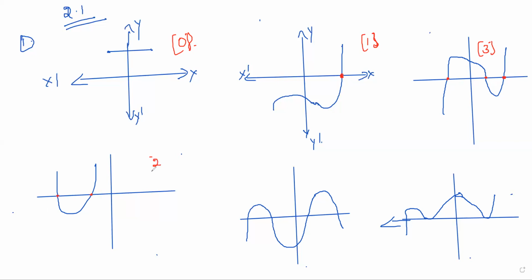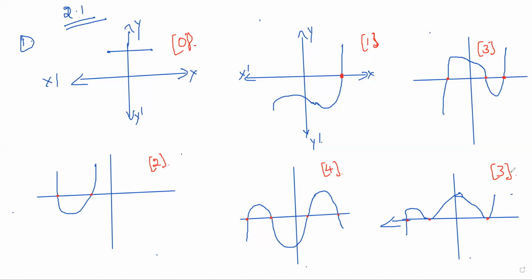So it has 2 zeros. And in the fifth picture, the curve is cutting the x-axis at 1, 2, 3, and 4. Right, children? So it has 4 zeros. And the sixth one, 1, 2, 3. So the curve is cutting the x-axis at 3 points. So it has 3 zeros.